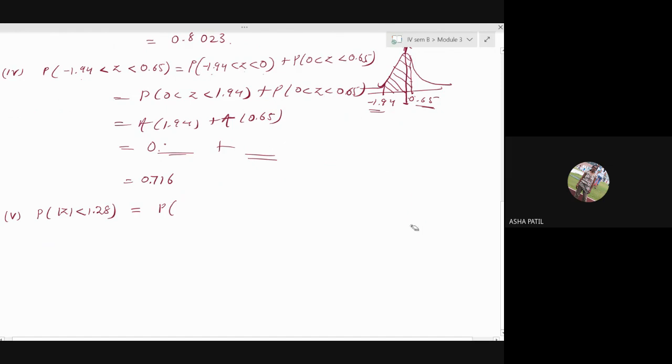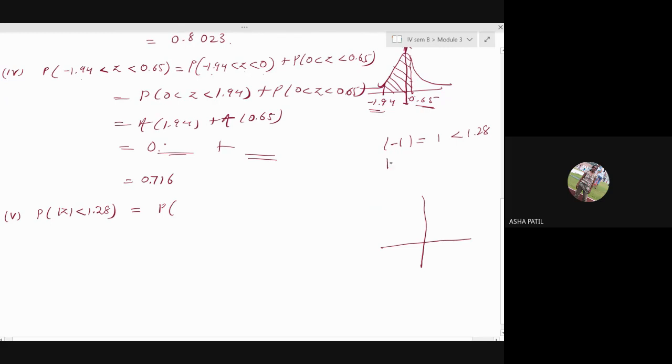What is mod of minus 1? Every time I need to repeat. What is mod of minus 1? 1, ma'am. 1. Is it less than 1.28 or not? Yes, ma'am.